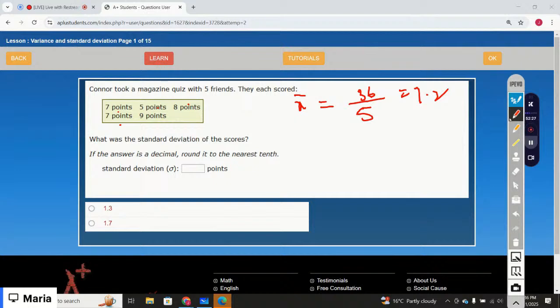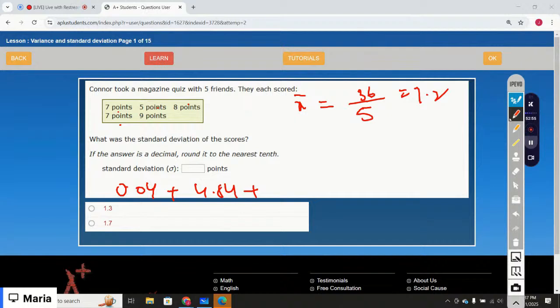7 minus 7.2 is 0.2 and 0.2 square is 0.04. Okay, so 5 minus 7.2 is 2.2 and 2.2 square is 4.84.